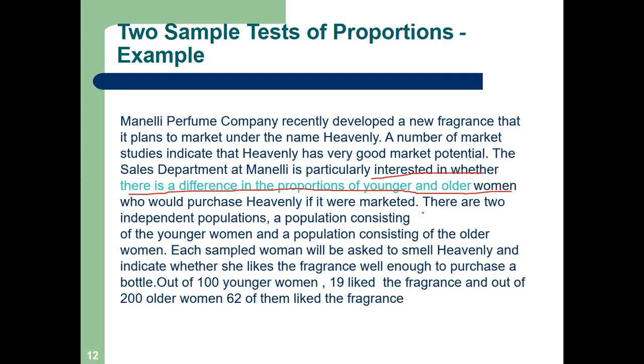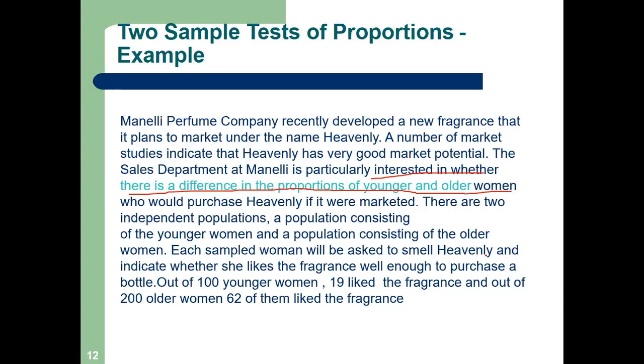There are two independent populations. Now listen, a population consists of the younger women and a population consisting of the older women. How many samples are there? One sample or two samples? Two samples. Very good. Each sampled woman will be asked to smell Heavenly.